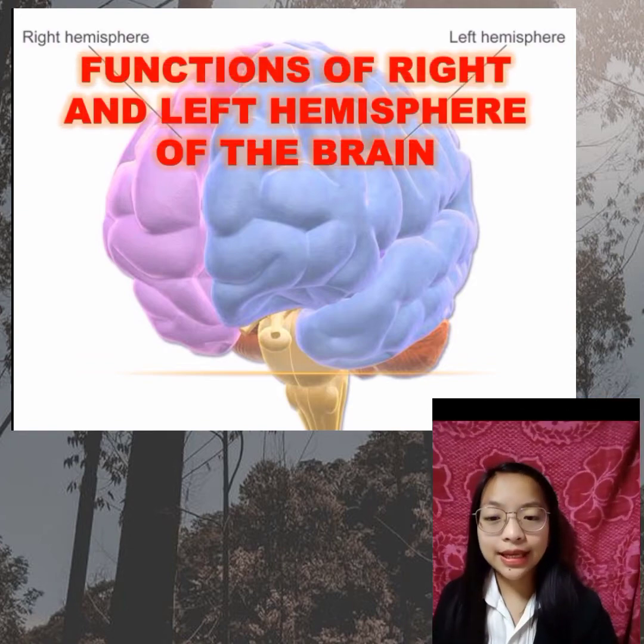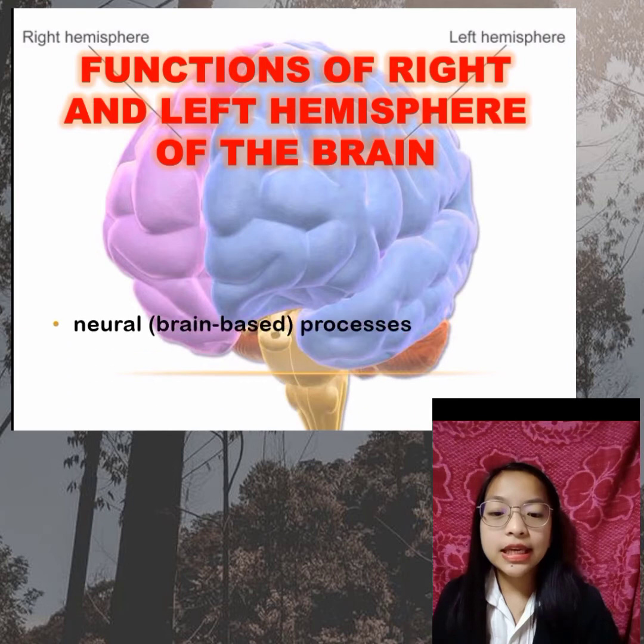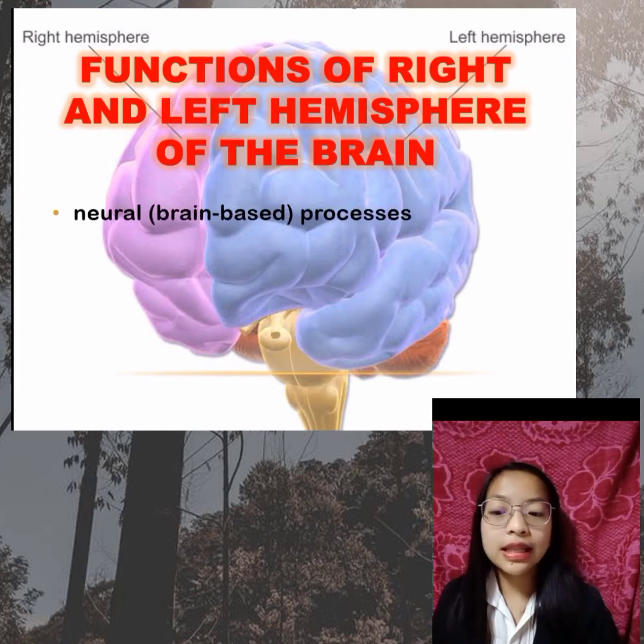Let us now discuss the different functions of the right and left hemisphere of the brain. In neurofunctional theory, Lamendella mentioned the functions of the right and left hemisphere of the brain and their relation to language acquisition. In this theory, it states that acquisition of the second and foreign language is mainly the product of neural and brain-based processes.